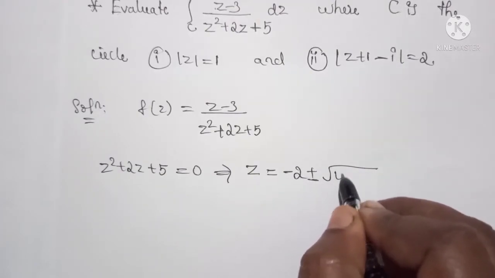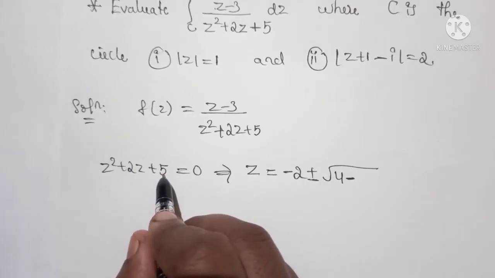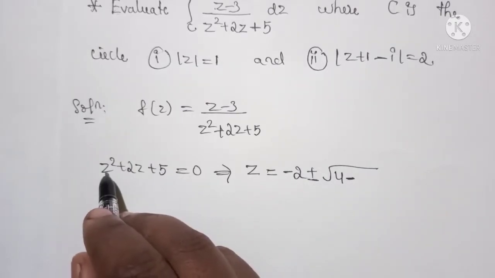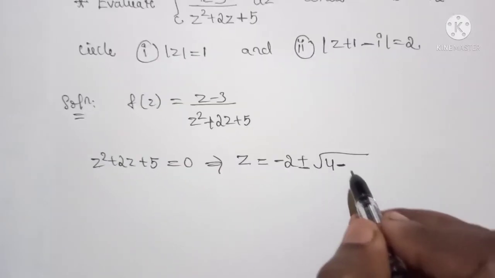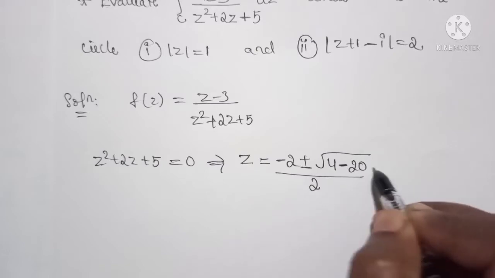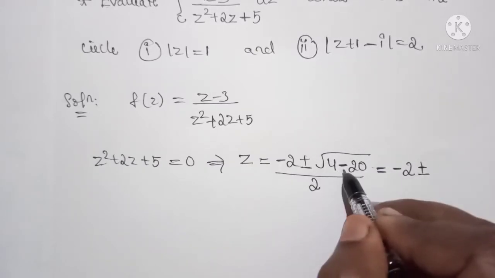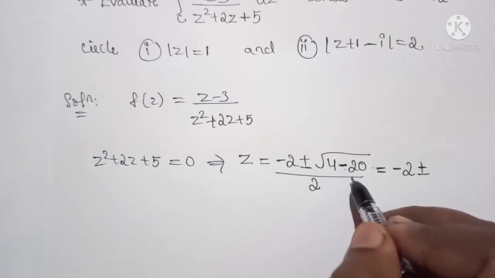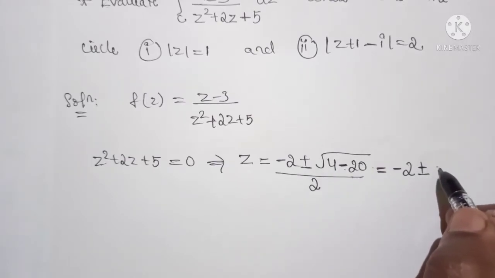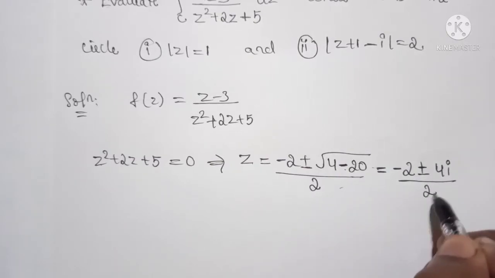B square value is 4, 4ac means 4 into 5 equals 20, a value is 1, so it is 20, divided by 2a, which equals 2. So it can be written as minus 2 plus or minus, here we get minus 16, so the square root of minus 16 can be written as 4i, divided by 2.